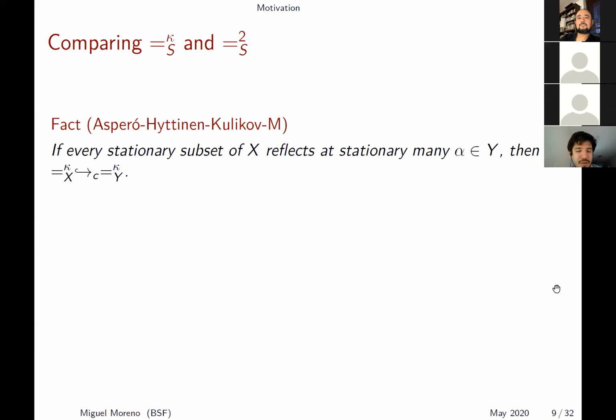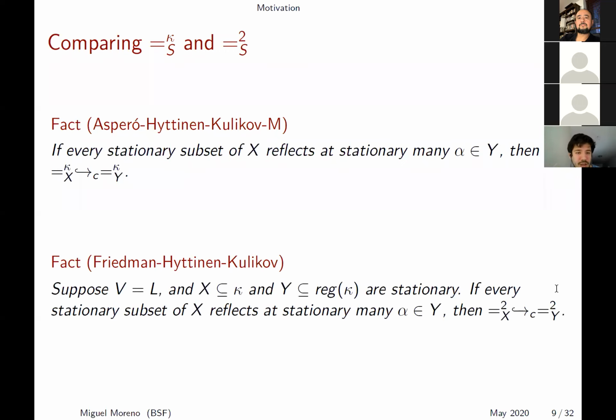It's not difficult, but no one paid attention. If every stationary subset of X reflects at stationary many alphas of Y, then the equivalence modulo X is continuously reducible to the equivalence modulo Y. And here is when we start using stationary reflection.